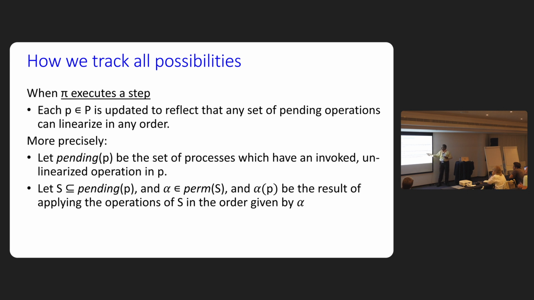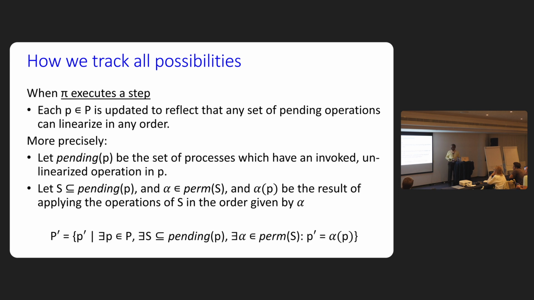That new possibility p prime, which is alpha p, is going to be thrown into the new possibility set P prime, which is what the set notation here says.